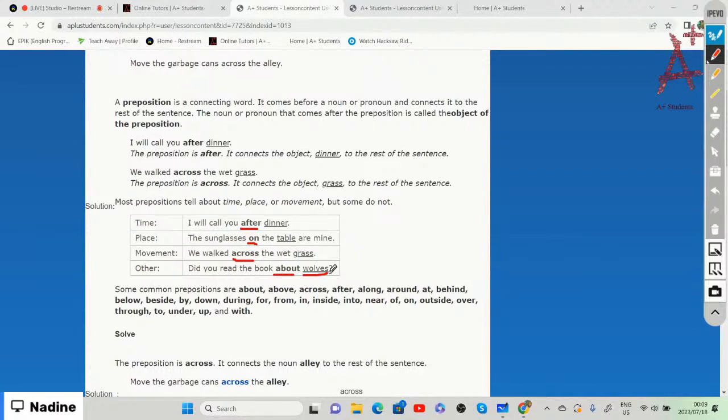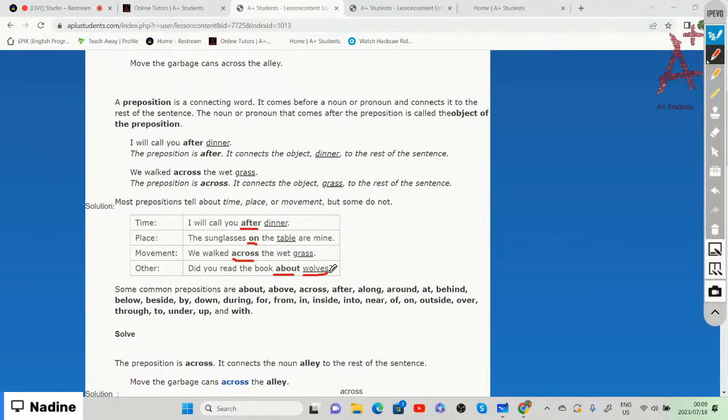All right. So then we have some of our common prepositions. Some of the most used prepositions are ones we use even in our everyday life, but of course it's not always understood within a sentence.